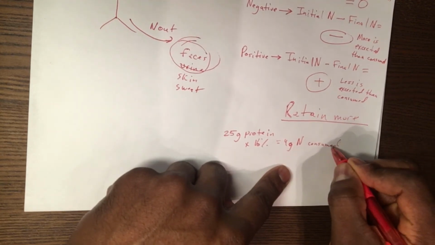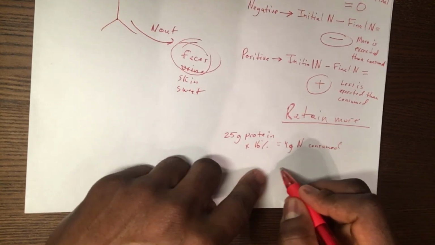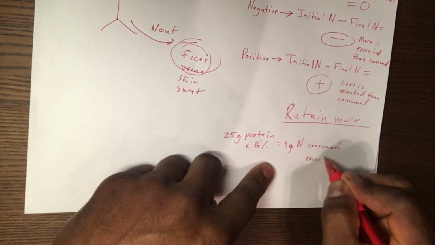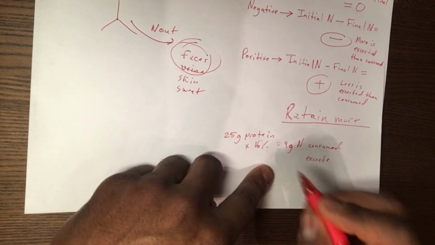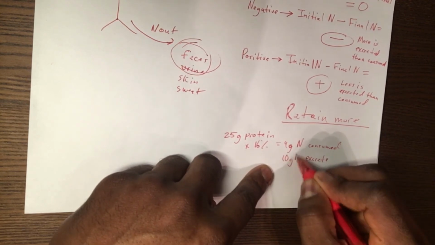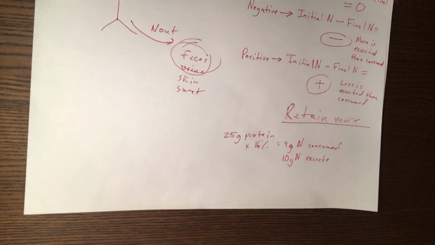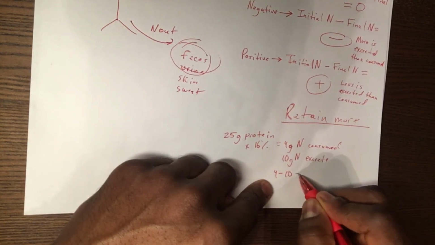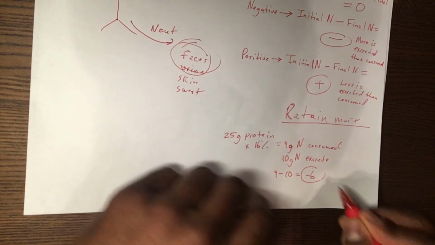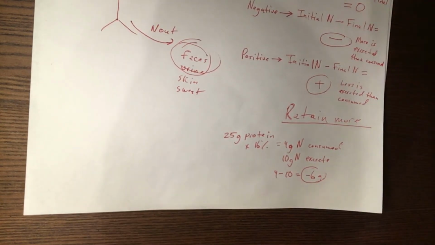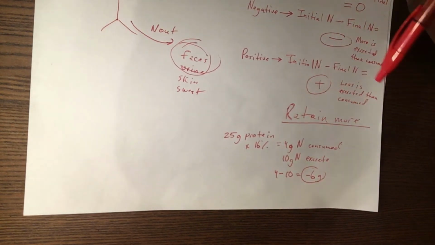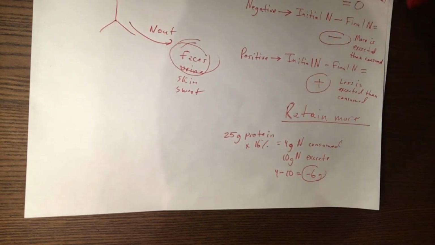Let's say, for instance, that I end up excreting 10 grams. What does this mean? This means that I'm in a 4 minus 10 equals -6 grams. I'm in a negative state. That means I actually lost more than I consumed. Okay, so that's all it is.